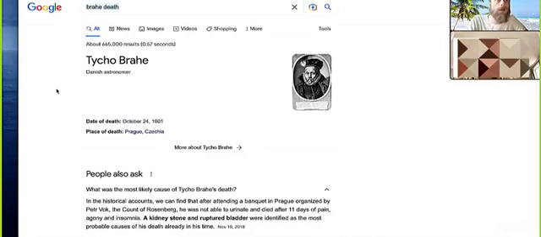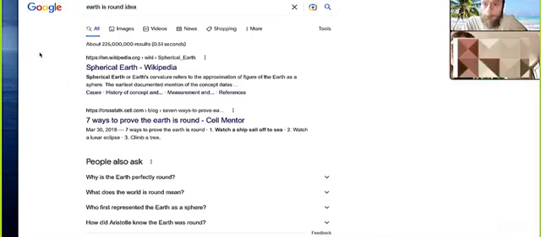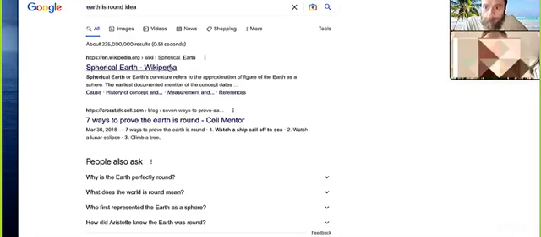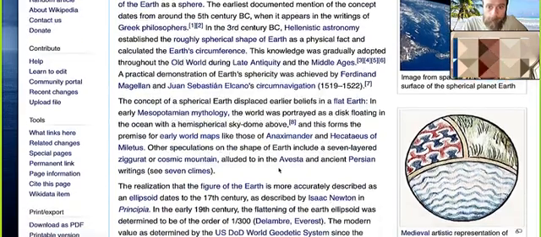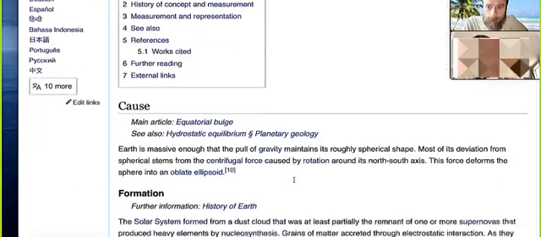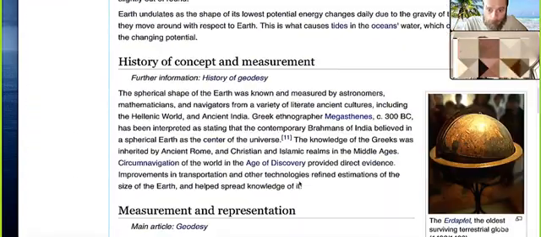Now, who died at the stake was, what's his name? He said that Earth is round. Oh yeah, didn't the church first try to dissuade him?